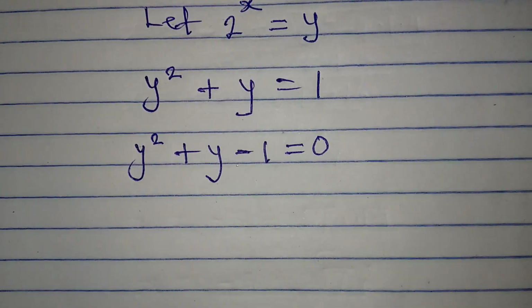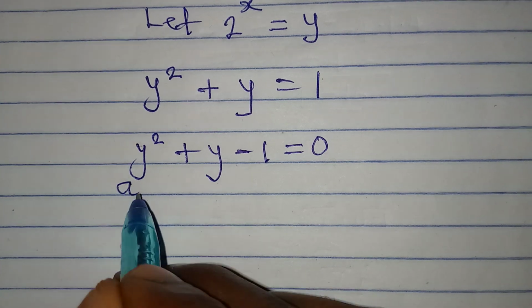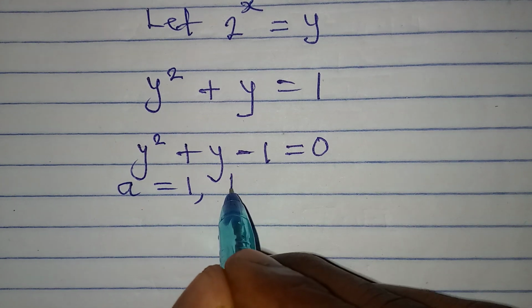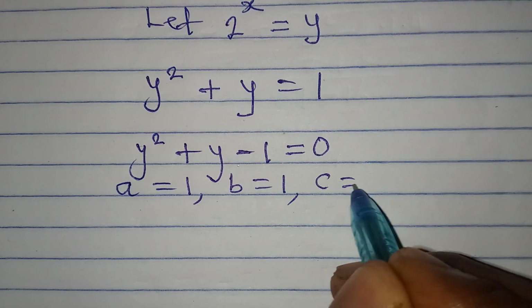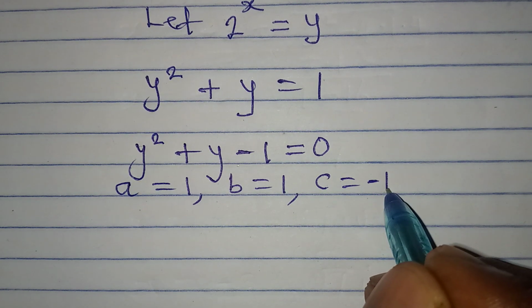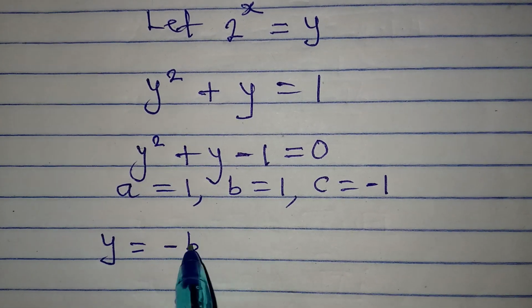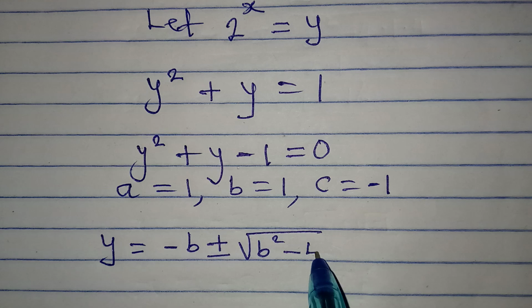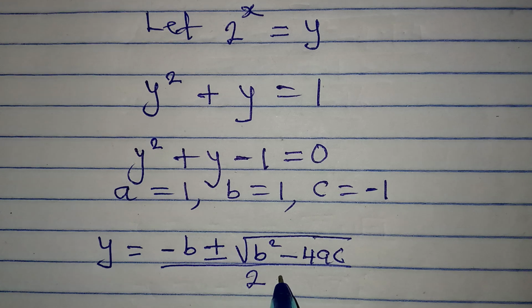This is a quadratic equation, and we can solve this using the formula method. For the formula, a is going to be 1, the coefficient of y squared. b is equal to 1, the coefficient of y. And c is equal to minus 1, the constant. Then the formula is y equal to negative b, positive or negative, square root of b squared minus 4ac, the whole of this divided by 2a.